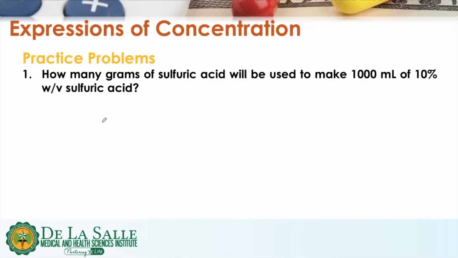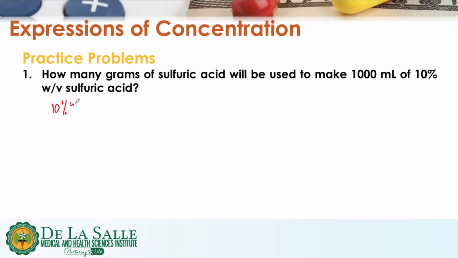So first, we are asked to determine how many grams of sulfuric acid will be used to make 1000 milliliters of 10% weight per volume sulfuric acid. So we will determine the amount in grams of sulfuric acid that will be required to make 1000 milliliters of 10% weight per volume sulfuric acid.